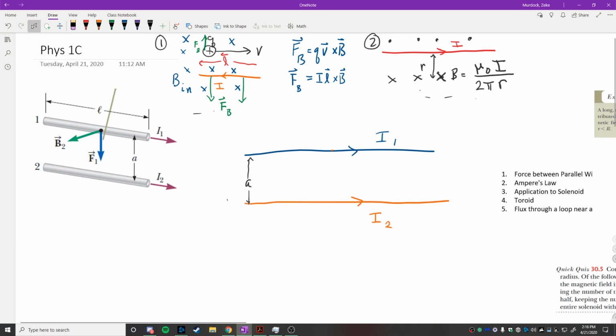Hope I'm on the right channel. What does everybody else think? What's the direction of the magnetic field right here? Created by wire 2. Is that question unclear?